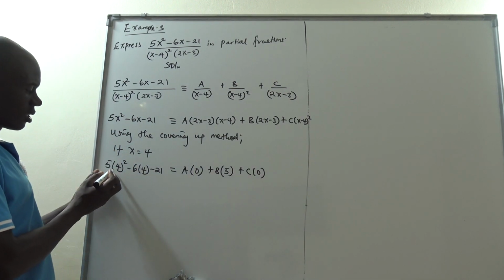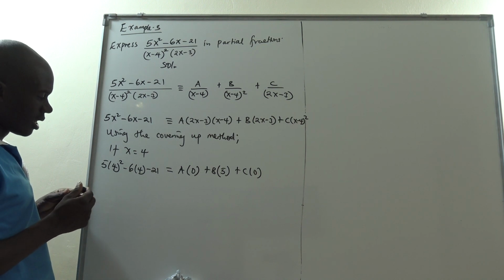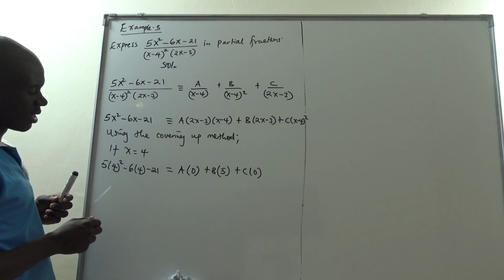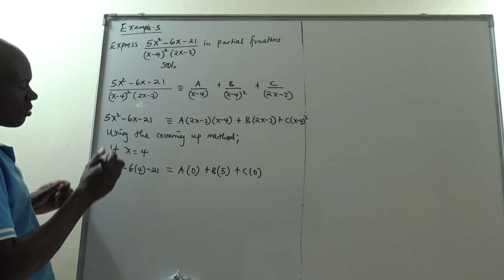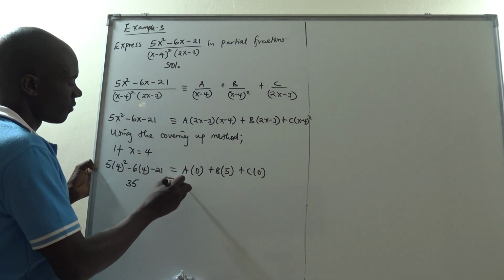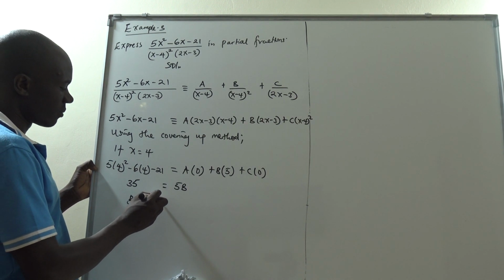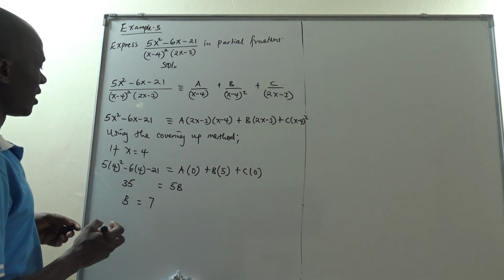The whole of this: 5 times 16, that is 80, minus 24, minus 21, we are coming out with 35 equals 5B. So what is B alone? B alone equals 7.